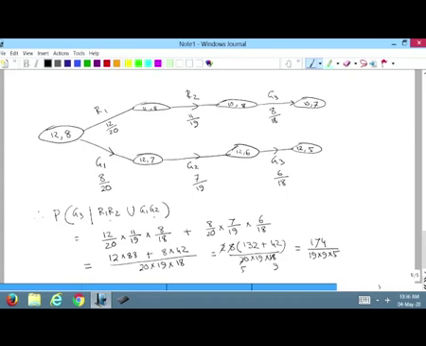We can further cancel it with 3, but okay, let me do it. This is 58, this gives us 3, therefore, we get 58 upon 19 into 15.